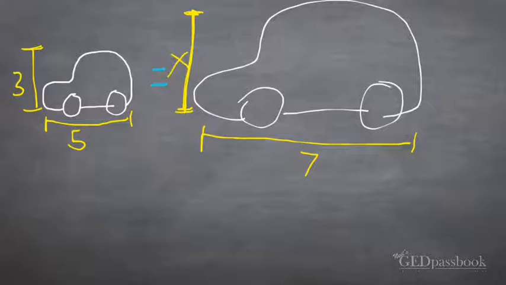If we know the miniature scale model is 3 inches tall, if it's 5 inches long, if the real car is 7 feet long, how tall is it? Knowing that they're both equal to each other, they're both proportional to each other. How tall is the real car once finished?